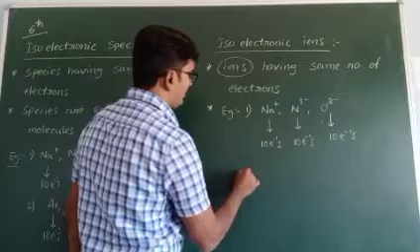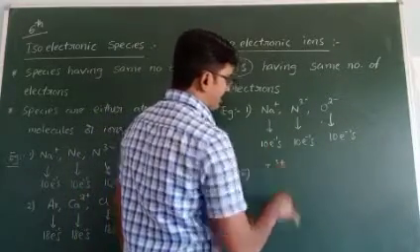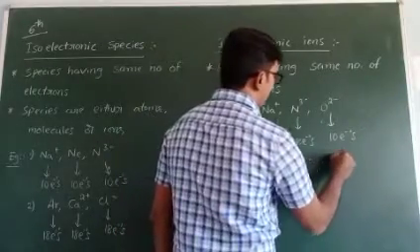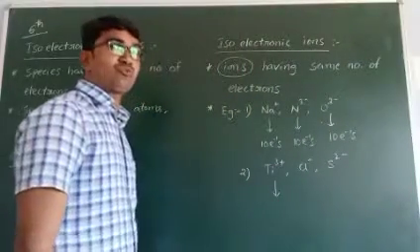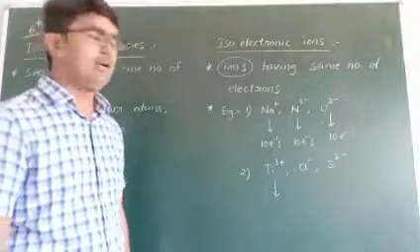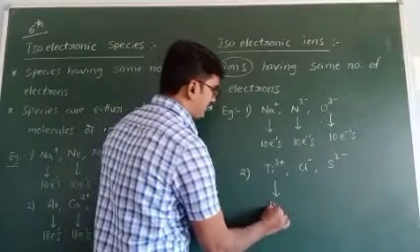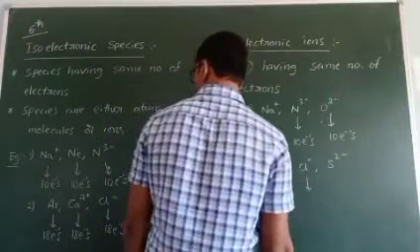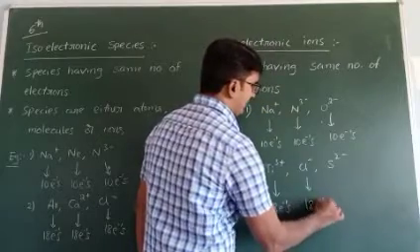Now one more example of the same kind, but take only ions: Ti3+, Cl-, S2-. Ti3+, titanium atomic number is 21, plus 3 means removing 3 electrons, so after removing 3 electrons, 21 minus 3, 18 electrons. Cl-, chlorine atomic number is already calculated here, so Cl- also contains 18 electrons.